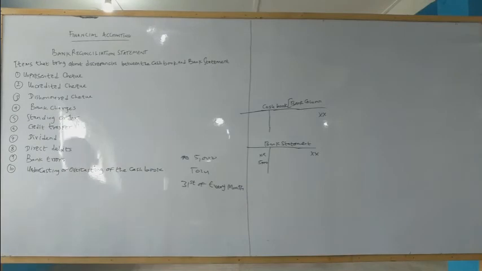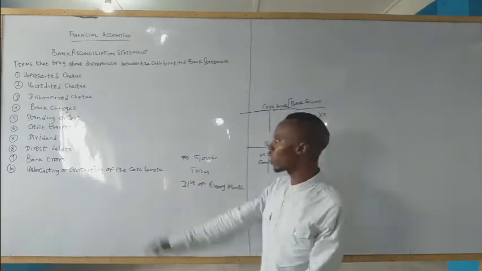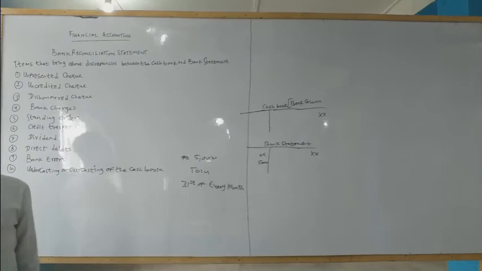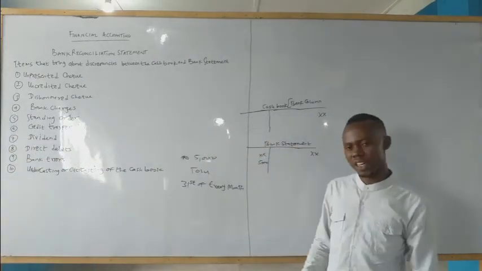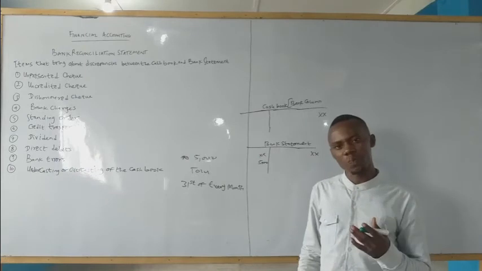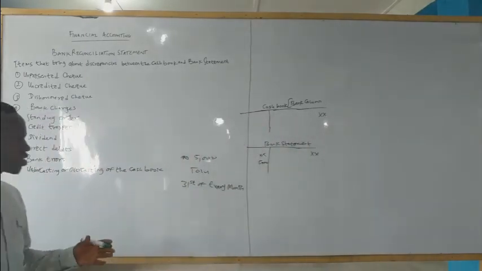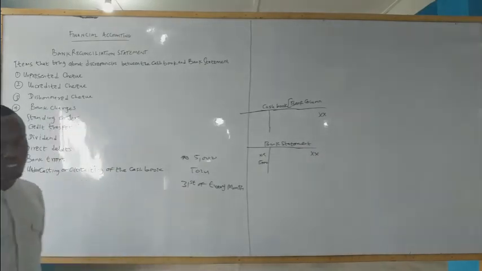We move on to direct debit. Direct debit is somehow close to a standing order, but it is different. Here, you are giving a creditor the right to initiate a debit into your bank account whenever such amount is due.